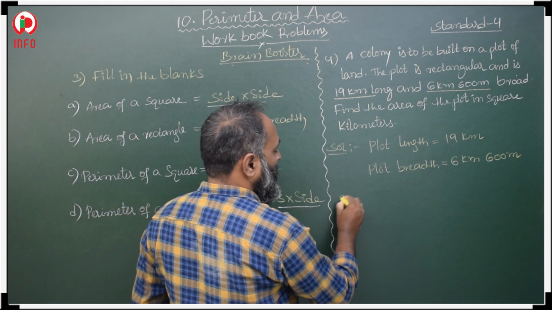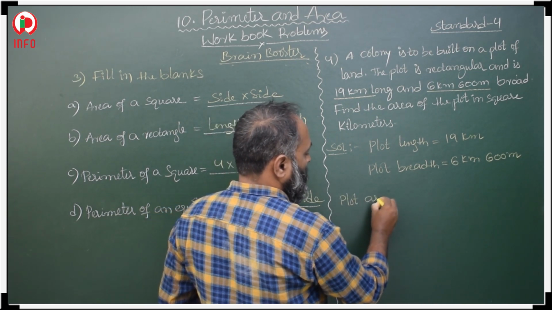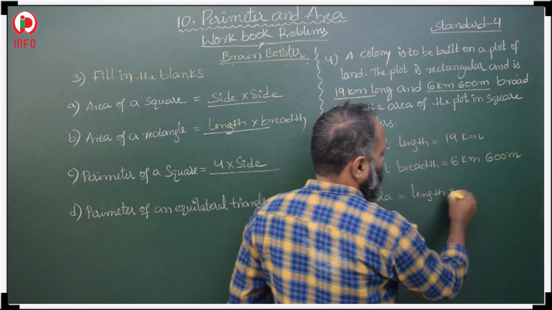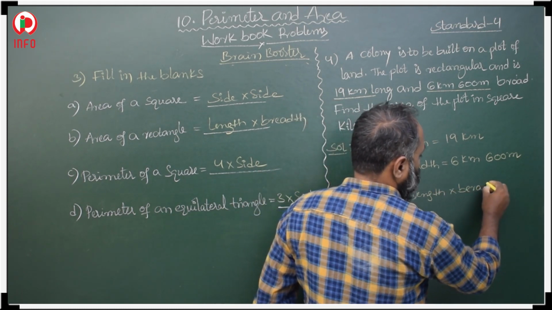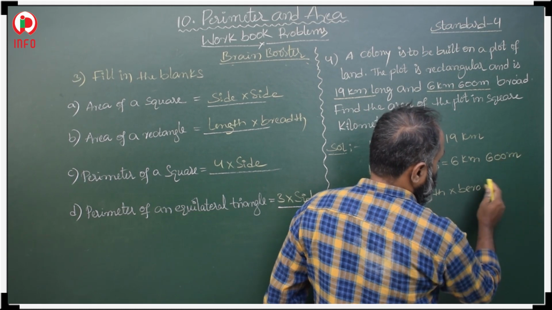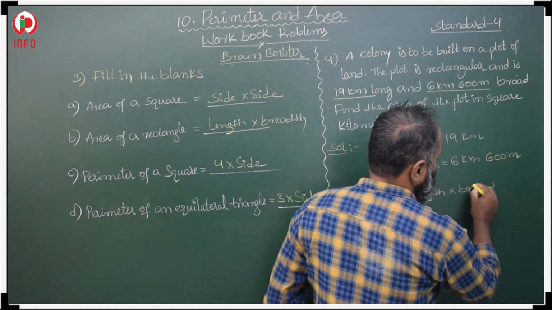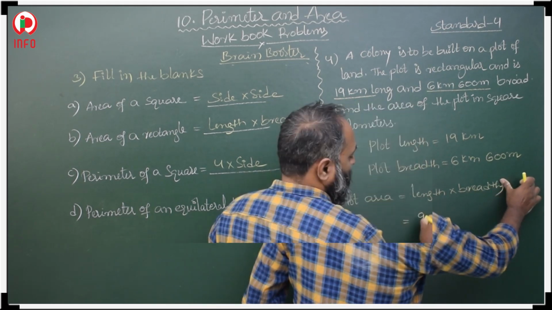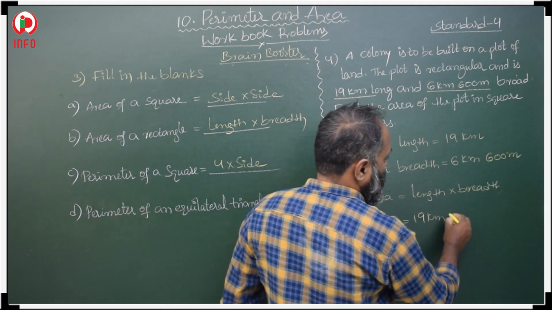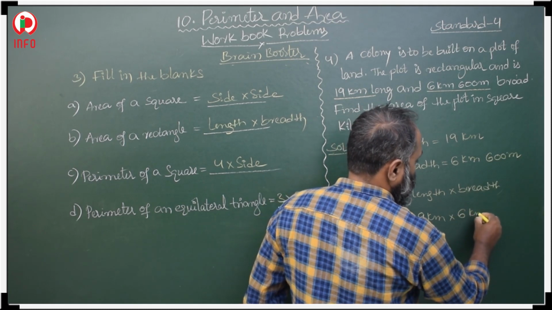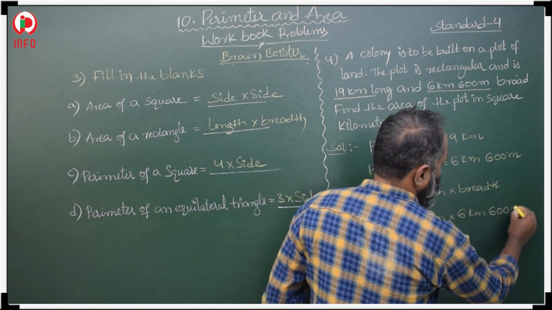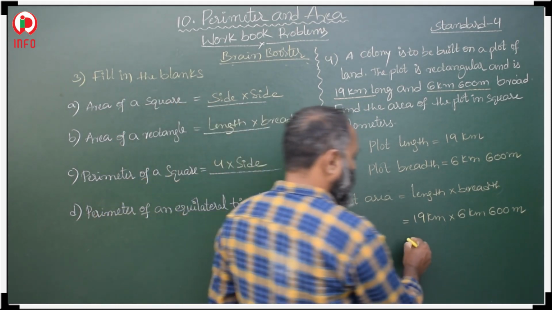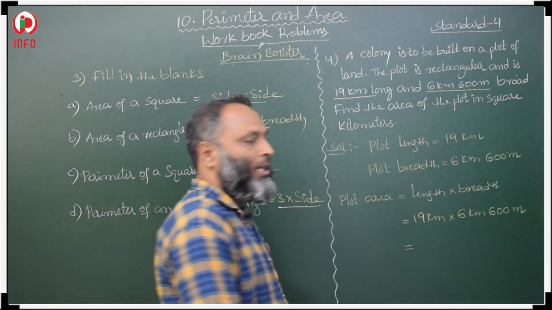Now plot area is length into breadth. So the breadth is 6 kilometers 600 meters, and we have to multiply this with 19.